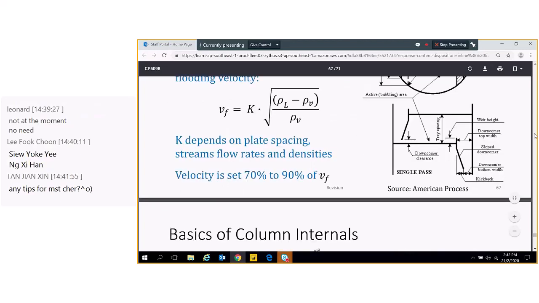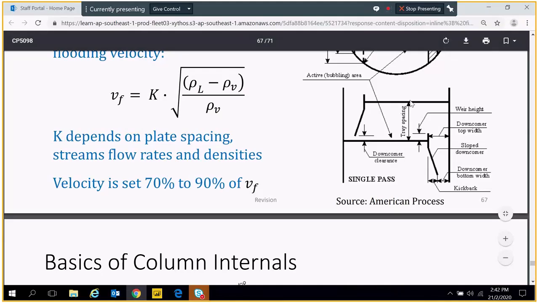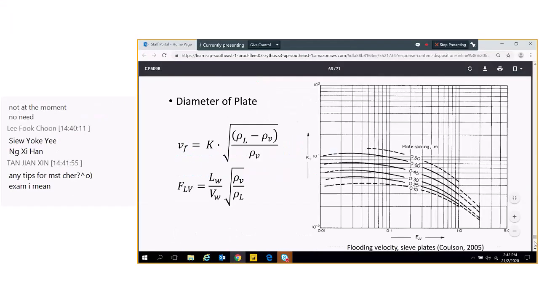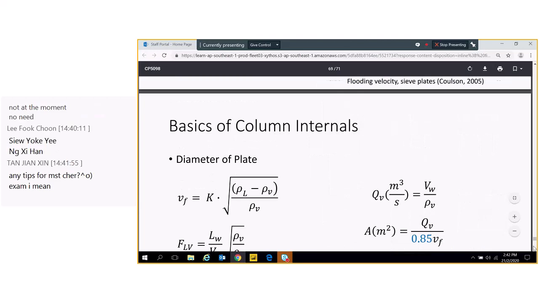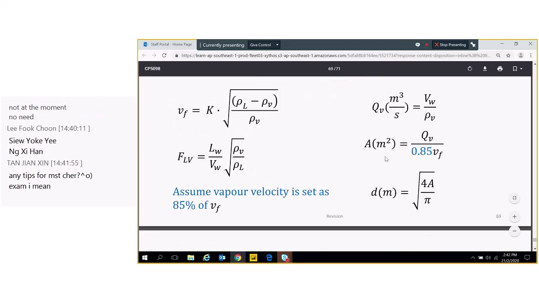This makes sense because your VF increases, that is because the bigger tray spacing is taller here. Imagine you move up here, spacing becomes bigger. Therefore, it has more room for the liquid. But when you do your calculation, remember that we use a factor 0.85.